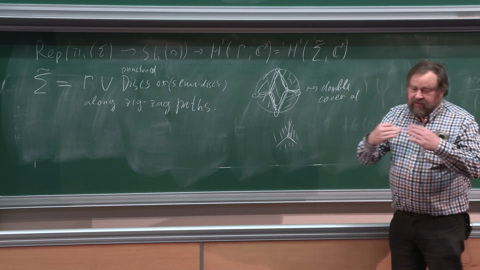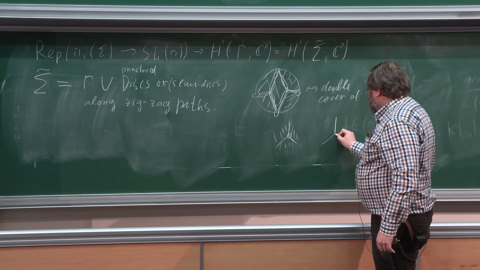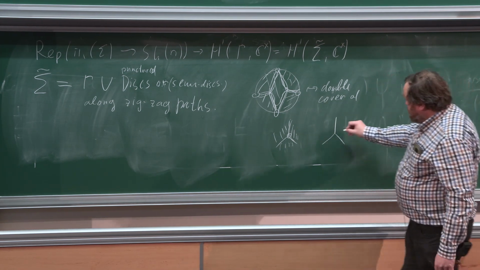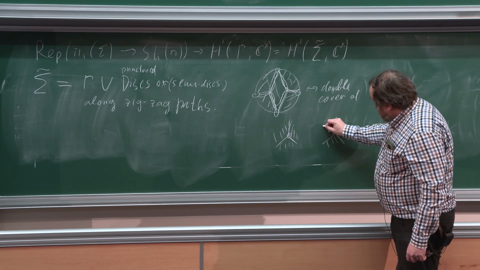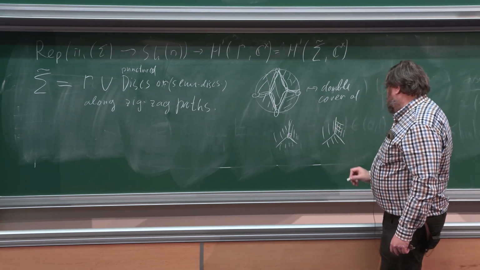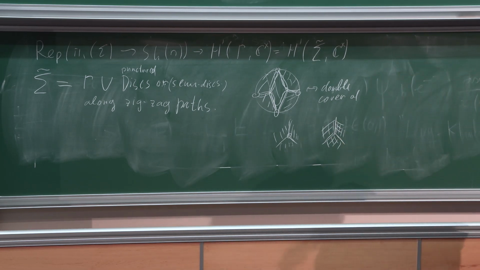So all three semi-disks glue into a smooth point. And if you have a three-valent black vertex, you glue here, here, and here, and you get a double cover ramified at one point.